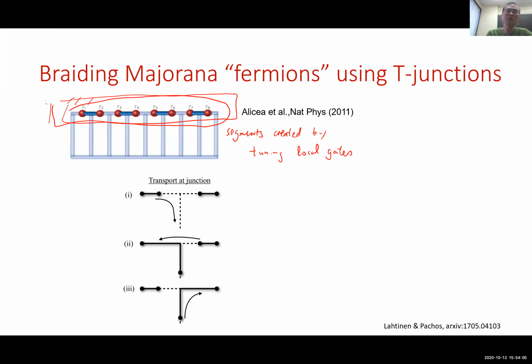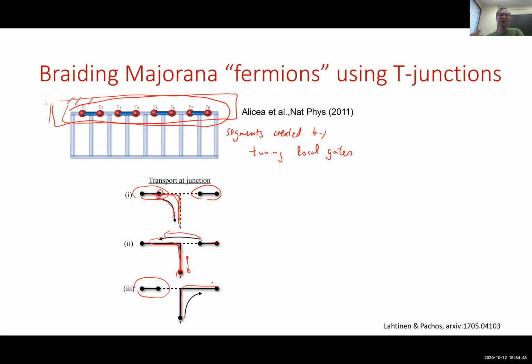And the way to do the braiding is that suppose you have two segments here, and there's an extra segment going out. If you change the local gate so that now this segment becomes topological, you bring this anyon to this end, and then gradually move it to the segment here, and then you move this to the left, gradually drag it to the left part, and then return that anyon to the other side.